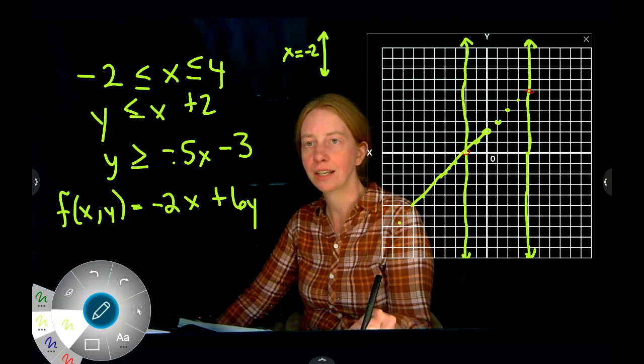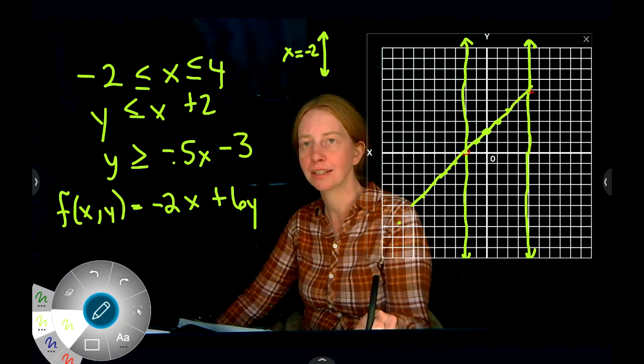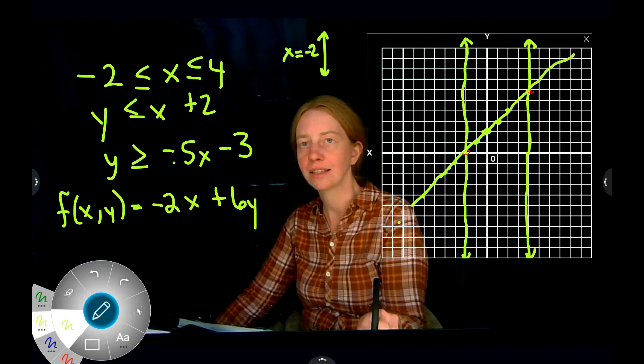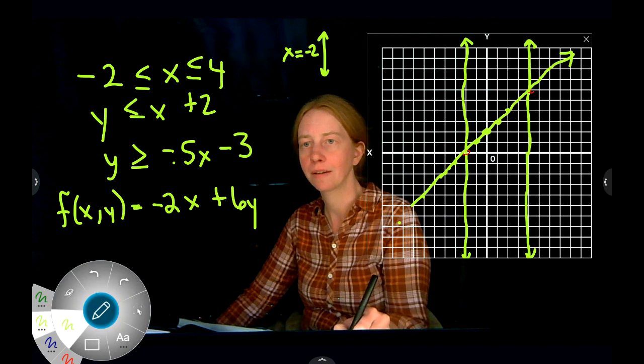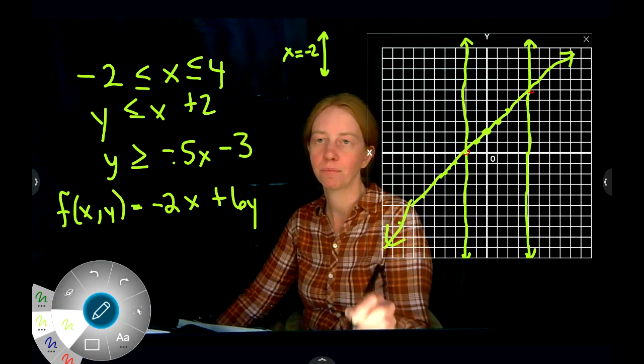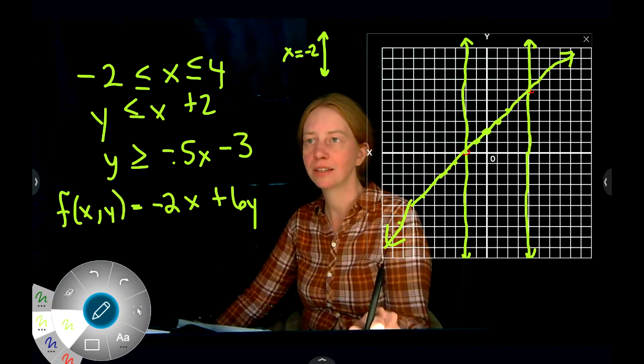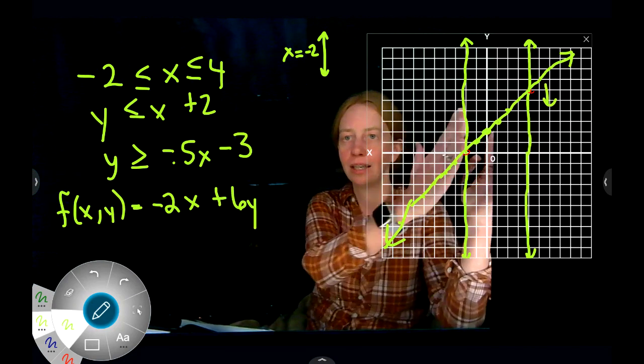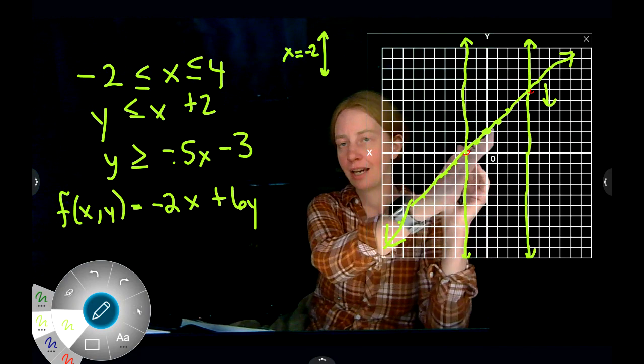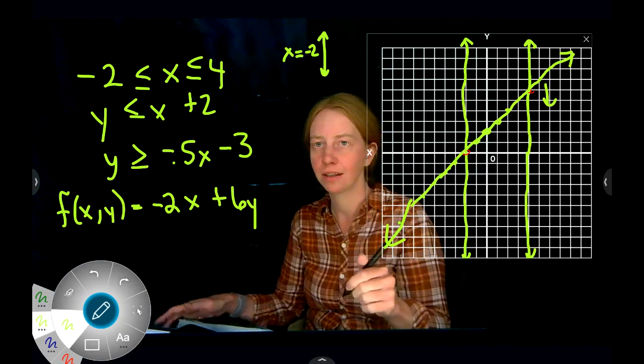It is a straight solid line because it's less than or equal to. So less than or equal to is going on this side of the line. So we're already in between the two lines and on the lower half of this.